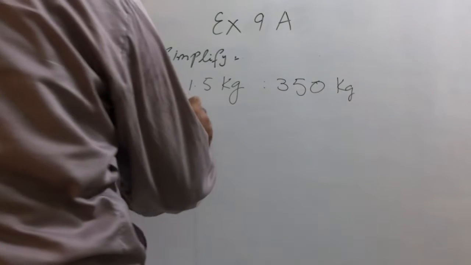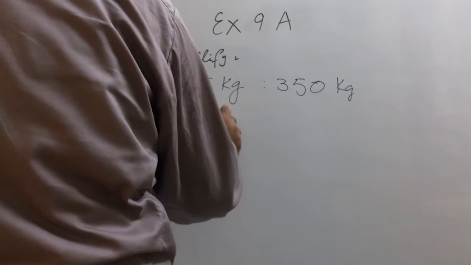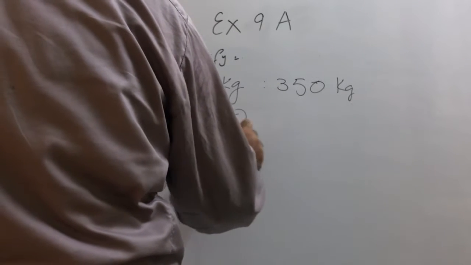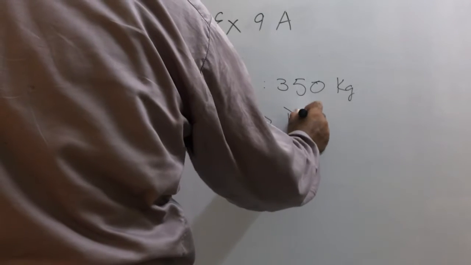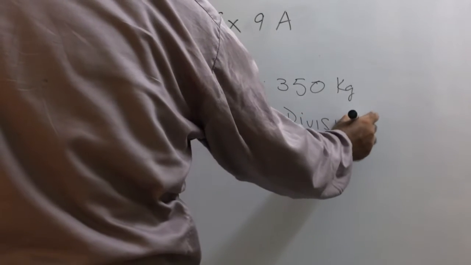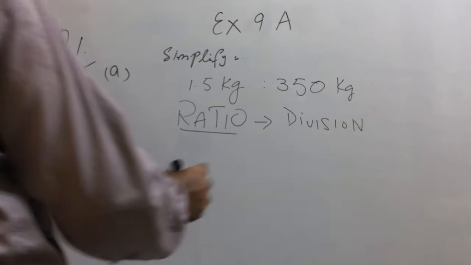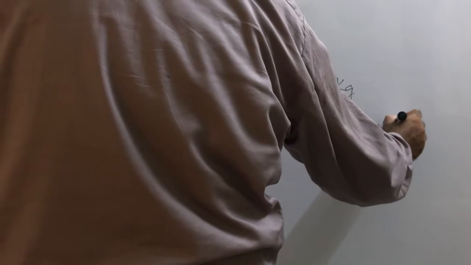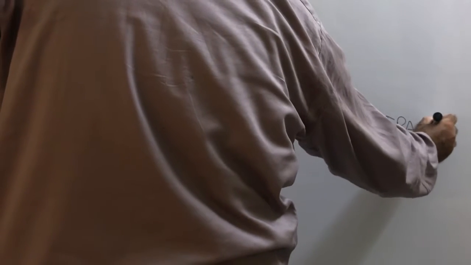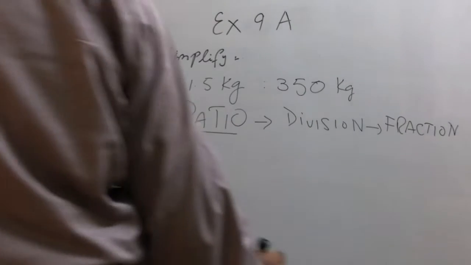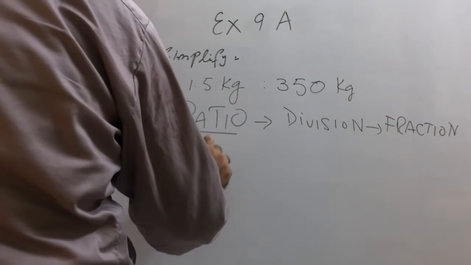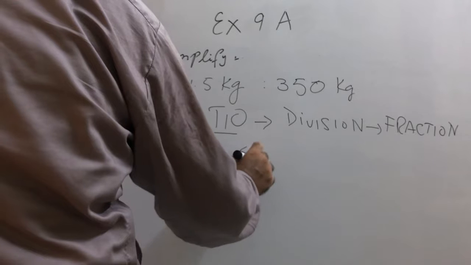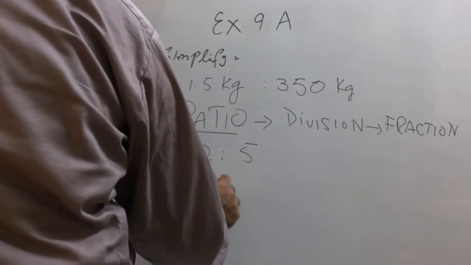So what is ratio? Ratio is like division. Ratio is like a fraction. If we say 2:5, we can write it like 2/5.